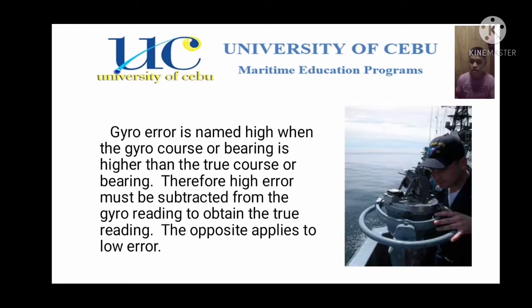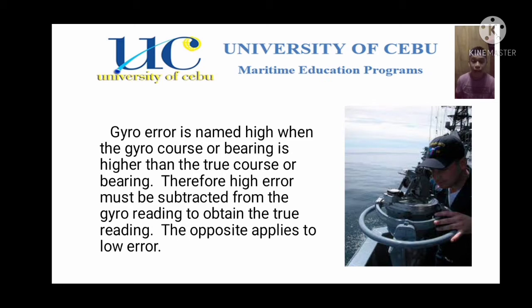So the next thing is that gyro error is named high when the gyro course or bearing is higher than the true course or bearing. So if the gyro course is greater than the true course or bearing, it is subject to a high gyro error. And if this happens, the high error must be subtracted from the gyro reading to obtain the true reading.